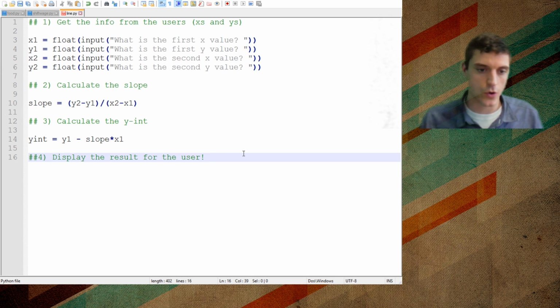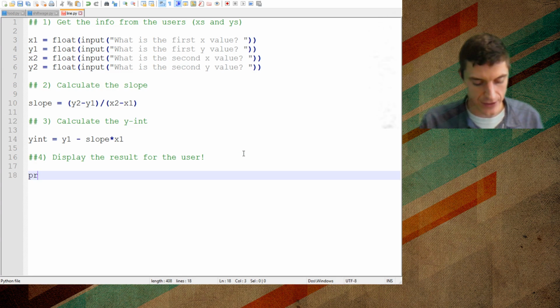Now, if all goes according to plan, and I'm not saying it will, I should be done here. So what I'm going to do is say the equation of your line is y equals x plus b, dot format. And what I'm going to plug in there is the first little curly bracket thing is the slope.